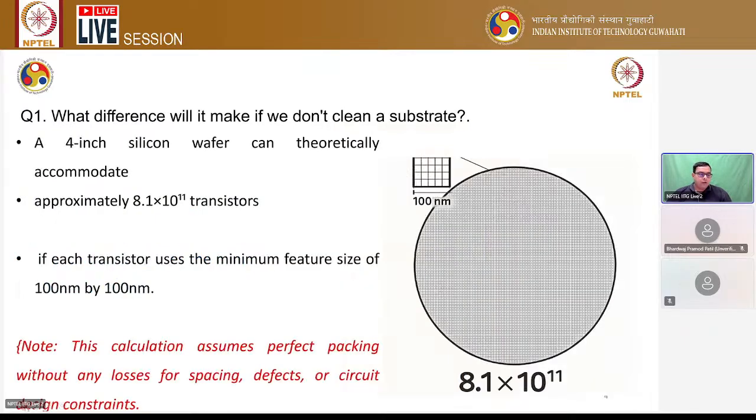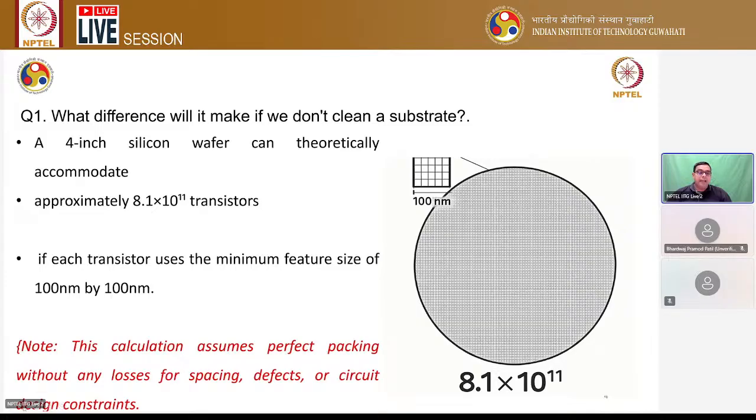Now, consider a case where you have a 4-inch silicon wafer that you want to pattern, considering a perfect packing without any loss, which would otherwise arise because you want to give space between two devices to have a nice segregation of these devices after dicing. I'm not considering any defects on this wafer, and I'm not considering any circuit design constraint.